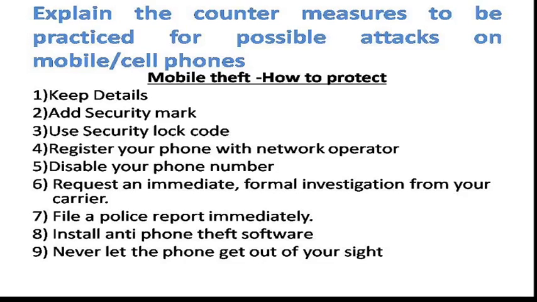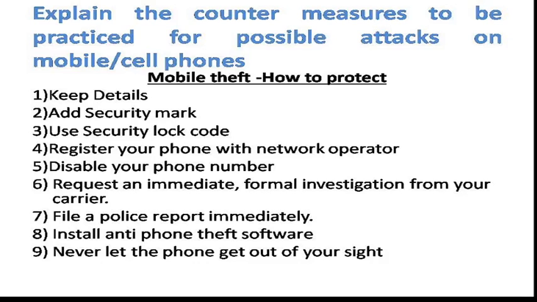Whenever your mobile phone is lost, the first thing you have to do is call the network operator and disable your phone number, because sometimes it might go into the hands of cyber criminals. They might use it illegally for unwanted things, so you will become the criminal there. Next, request an immediate formal investigation from your carrier.